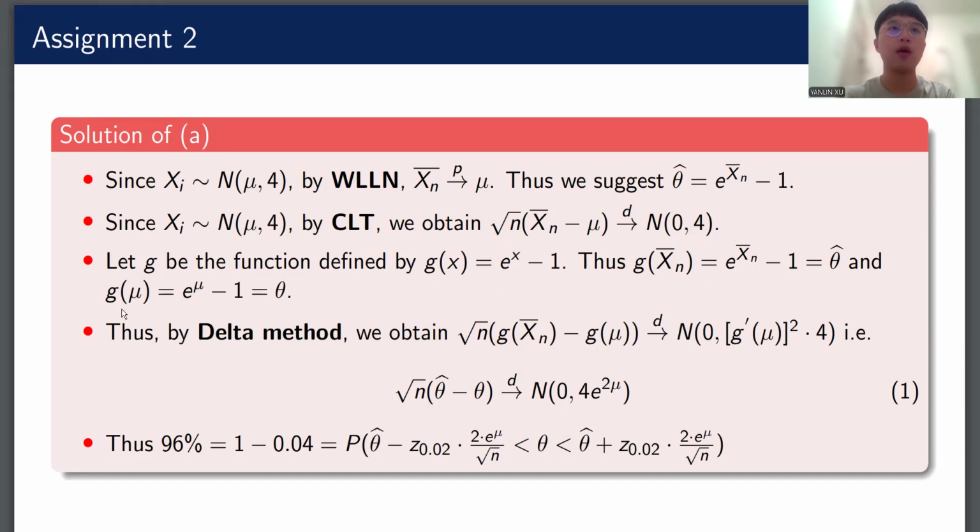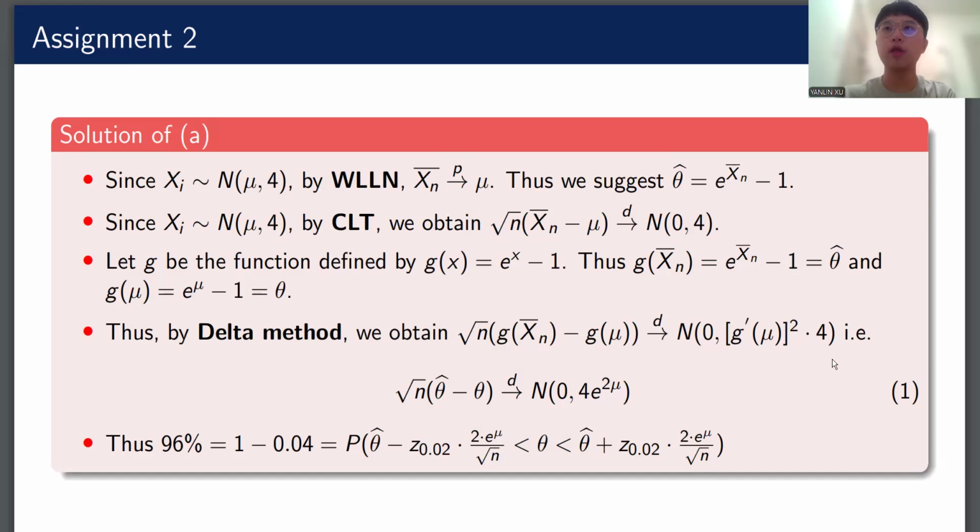And also, g of mu is equal to e to the power mu minus 1. It's just theta by the assumption of the question. If we have this function, then we are glad that we can use the delta method, because the delta method tells us that if we have this condition and a function, then we can obtain this result.